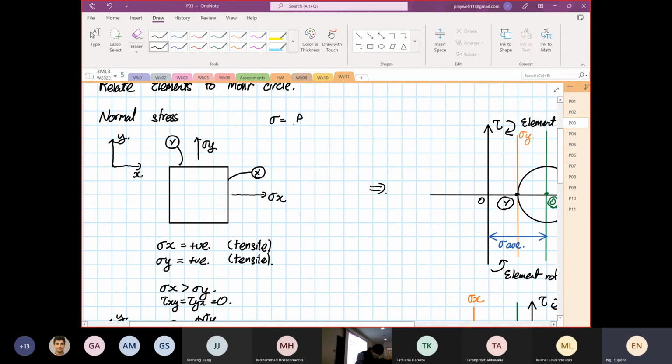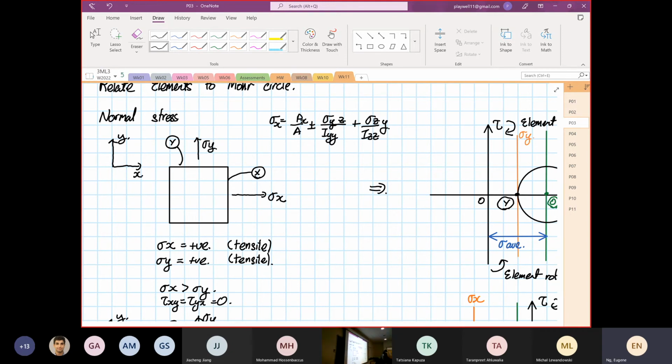It's P over A plus or minus stress Y over I YY Z plus minus stress Z over I ZZ Y. If that's the case, I'm going to call it X then, okay? So we know that's the formula that we always calculate, yes or no? Axial loading, bending moment in the two axes.